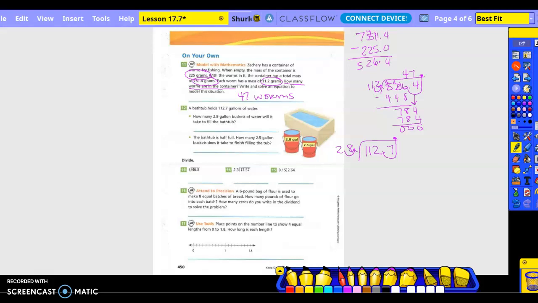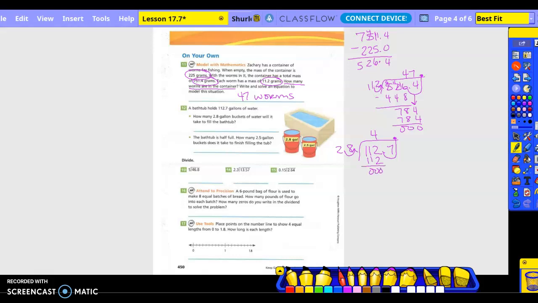So 28 into 1, 28 into 11, 28 into 112. 4. Okay, let's try 4. 4 times 8 is 32. Mentally carry the 3. 4 times 2 is 8. Plus 3 is 11.